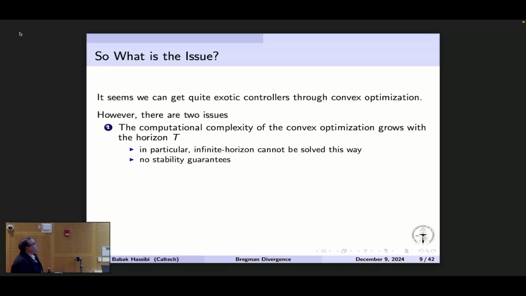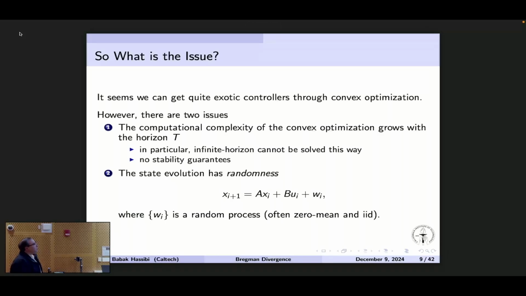But the bigger issue is that any respectable system has noise in it. Something is also disturbing the system that you're not fully aware of. Typically people say this is zero mean and IID, and that's what I will assume. This precludes us from doing a simple deterministic optimization, because in the previous case the only unknown was the initial state.